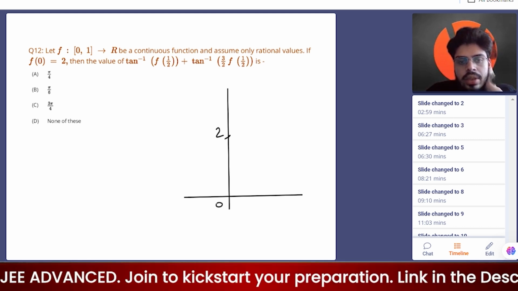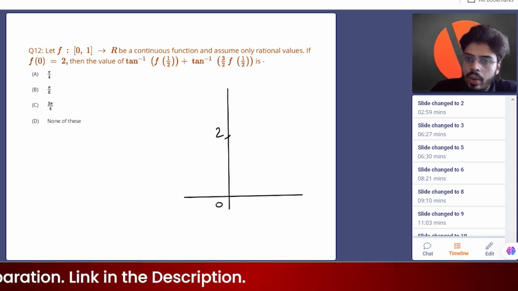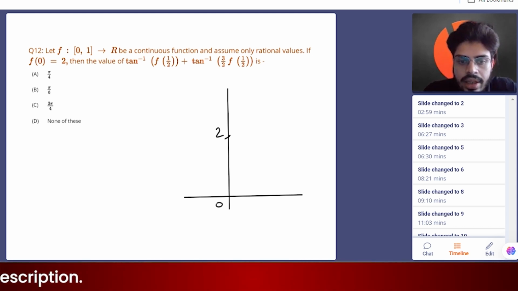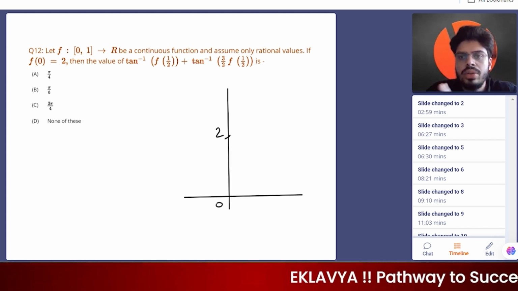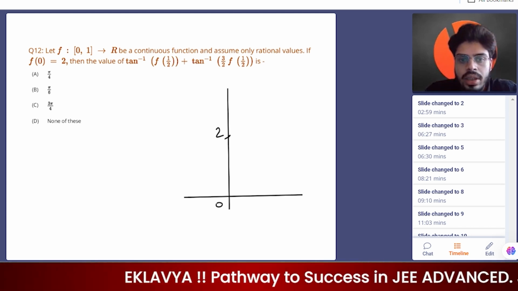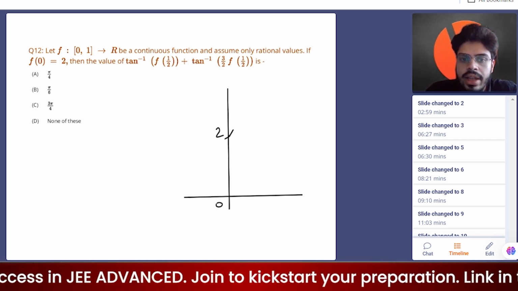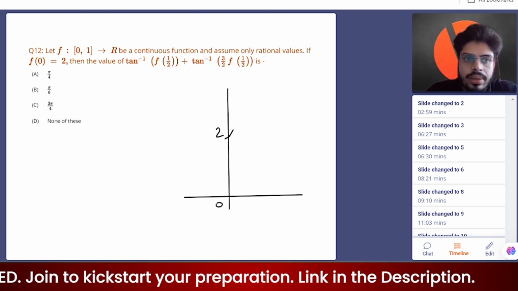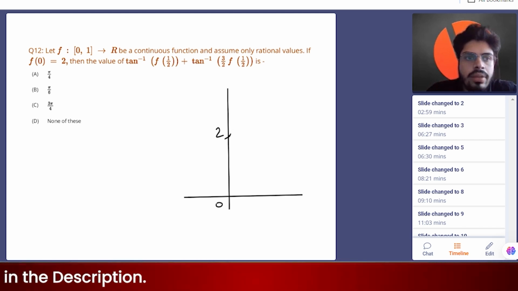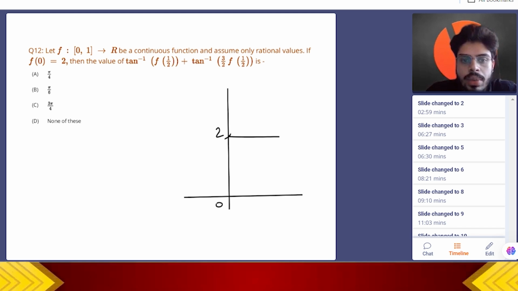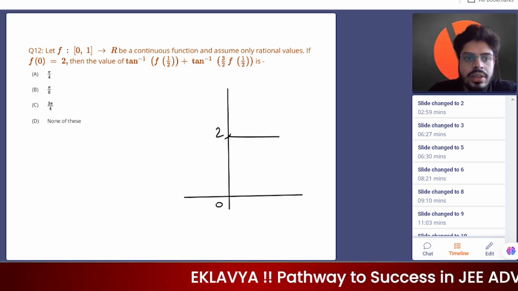If the function is continuous and only has rational values, then if I move just ahead of x equal to 0 plus h, it may attain any irrational value if I take the graph upwards or downwards anywhere. The only way to make this function have only rational values is to make it a constant function.